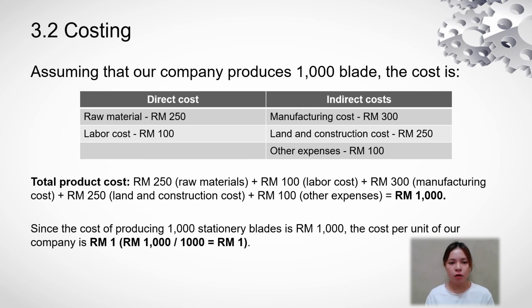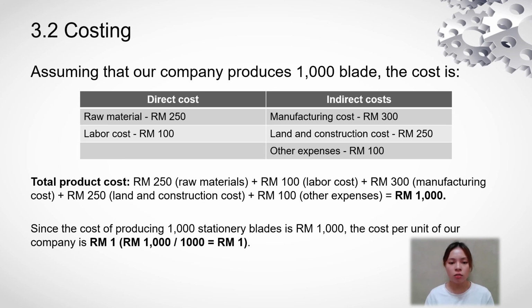For costing, assuming that our company produces 1,000 blades, the direct cost is 250 for raw material and 100 for labor. Indirect costs are 300 for manufacturing, 250 for land and construction, and 100 for other expenses.